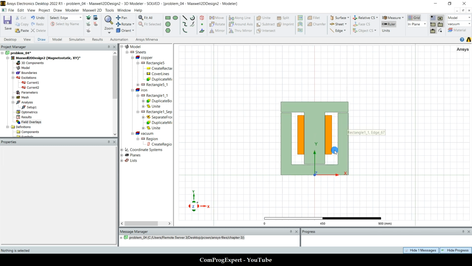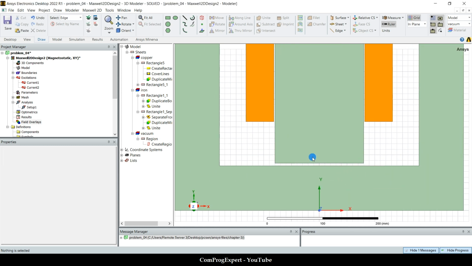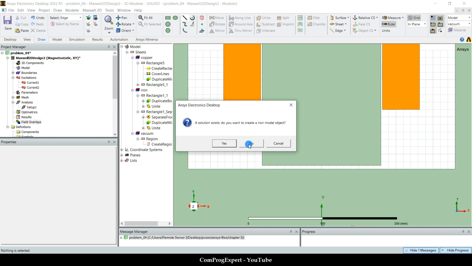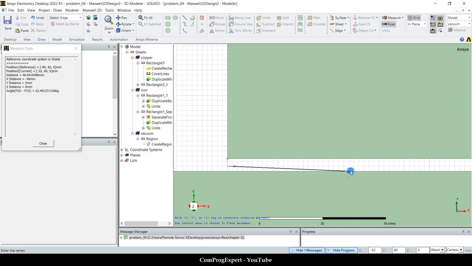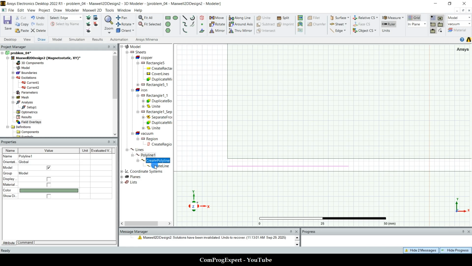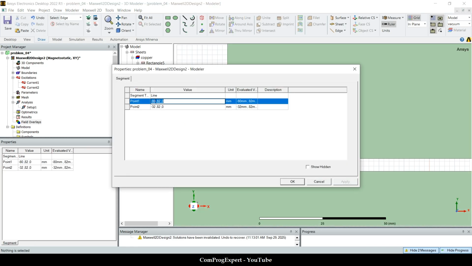and A. I'm going to add a line object in the middle of the air gap here. So this is negative 8 centimeter. The y is 8 plus gap divided by 2.